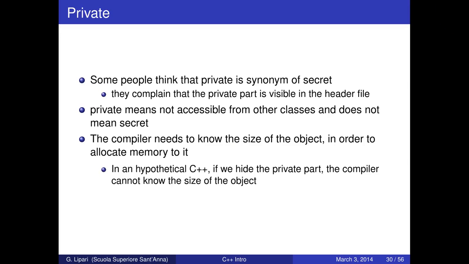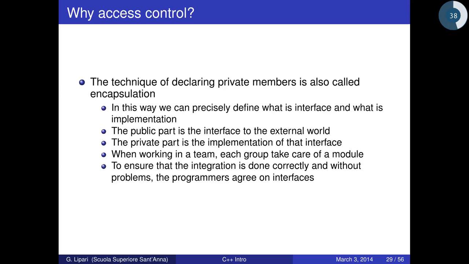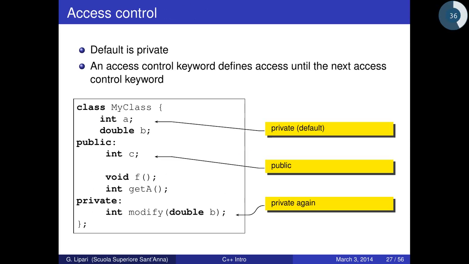Some people initially may think that private is the same thing as secret. That's not the case in C++. In fact, there are many people who complain that this private part is visible in the header file. When you define a class like this, you have to define both the private and the public part.